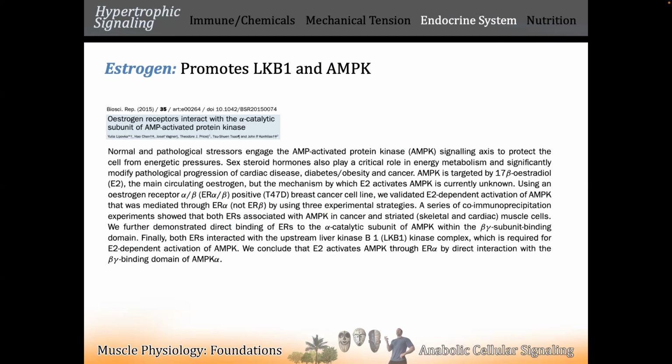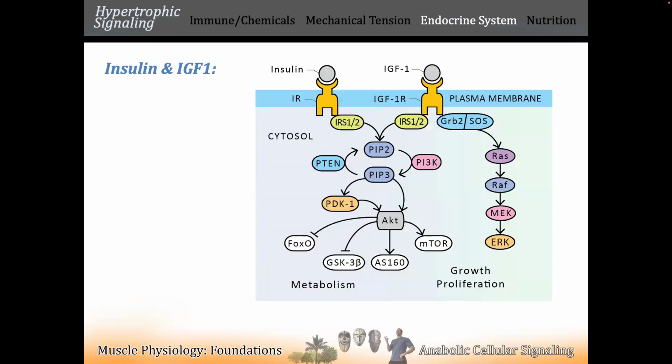So that's anabolic. But on the other hand, estrogen has tons of hands, and on one of its other hands, it promotes LKB1 and AMPK. So this estrogen hand is doing catabolic things. So estrogen is a bit more complicated than testosterone in terms of its cell signaling, in terms of its anabolic and catabolic roles.